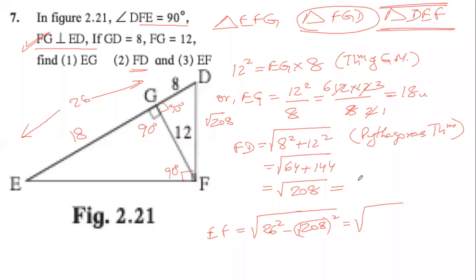Please help me with the square of 26. 676. Thank you. So 676 minus 208, and you will find the final.